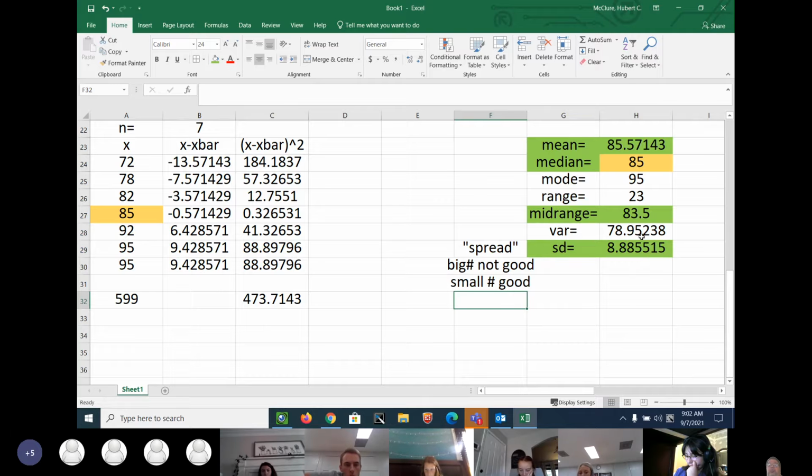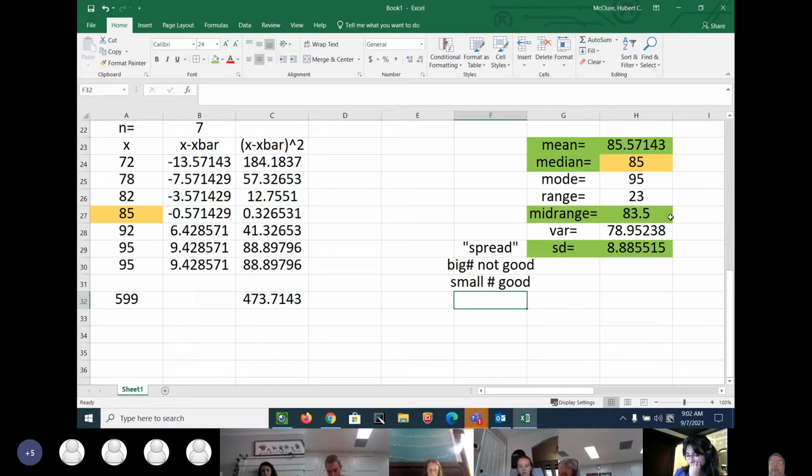What else do you notice? Well, look at the mid-range, the median, and the mean. What do y'all notice about those three numbers? I want somebody to say something or type it in.